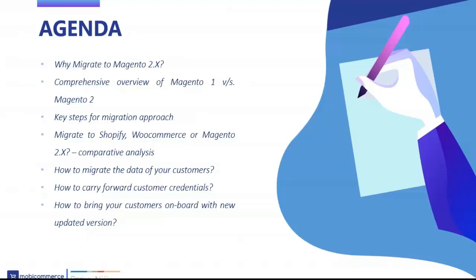When you build a new store on Magento 2, that's pretty much straightforward, right? But when we talk about migration, what are the key things included? That's very important to know. So we will also be talking on those things.